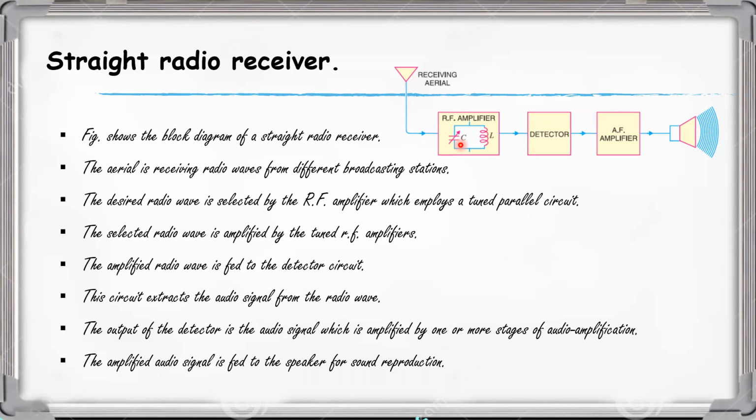That is, a tuned RF amplifier must have a particular frequency. For that frequency, it will give a very high gain. For other frequencies, the gain must be very low. The tuned RF amplifier must have a sharp frequency curve.